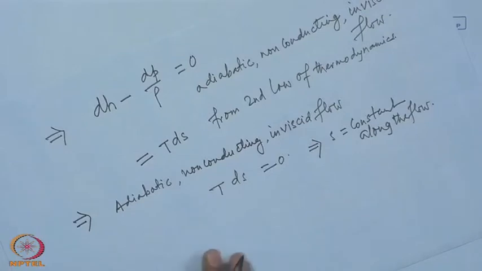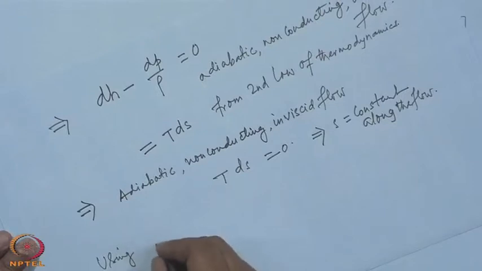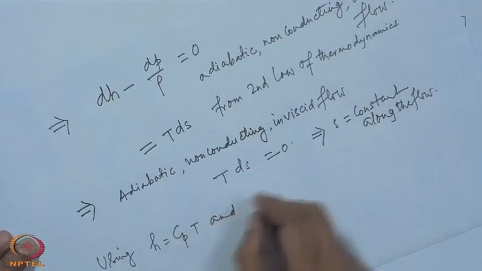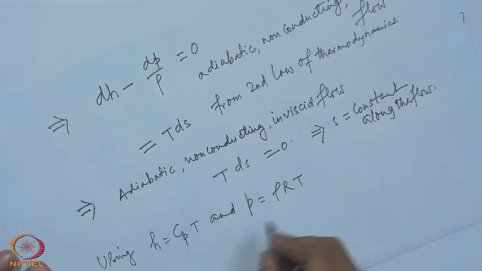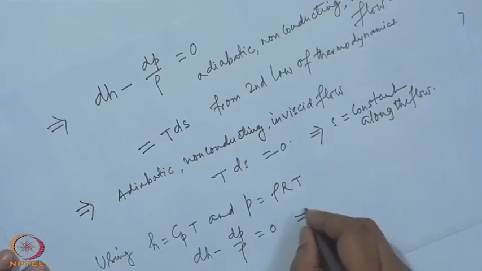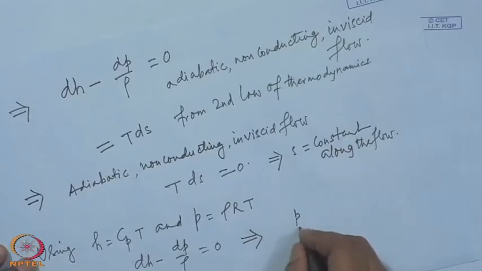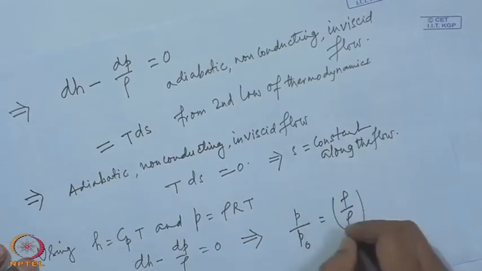Using the perfect gas relationship, this relation dh minus dp by rho equal to 0 will give us p by p0 equals rho by rho0 to the power gamma.